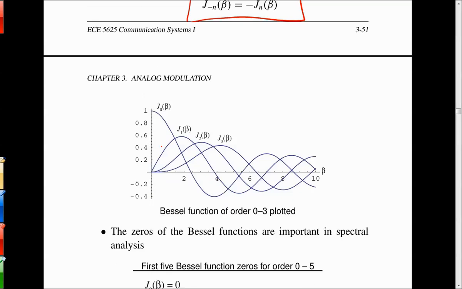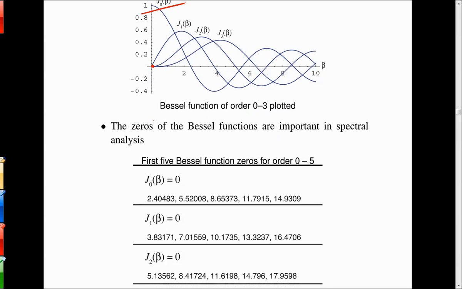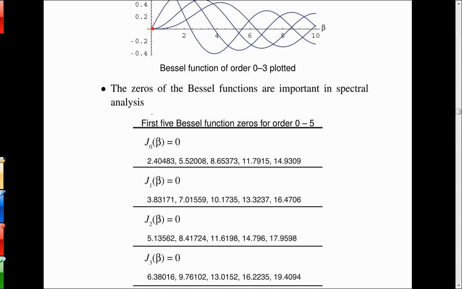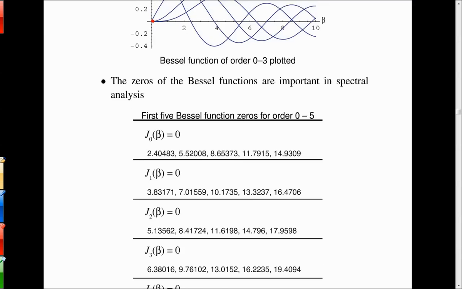So here's what the Bessel functions look like when plotted. J0 starts at 1, so that's something worthy of remembering, and every other Bessel function starts at 0. That's just a property of them. And in the textbook, and I put it into the notes here, here's some of the zeros of the Bessel functions.